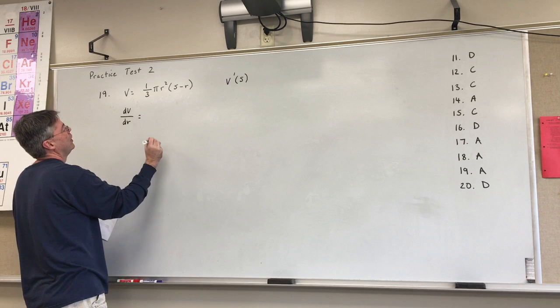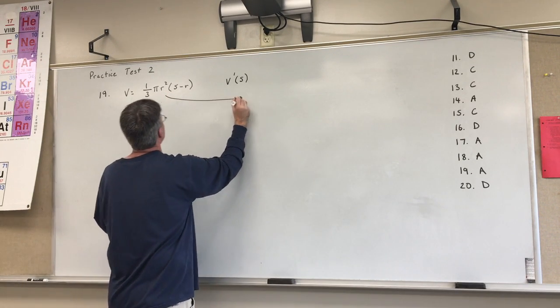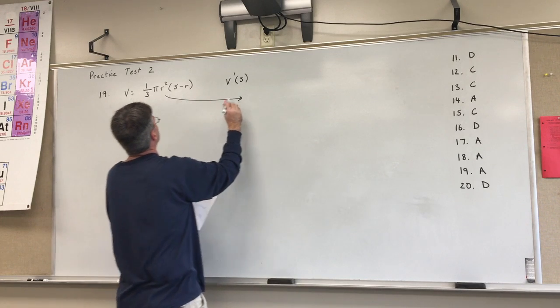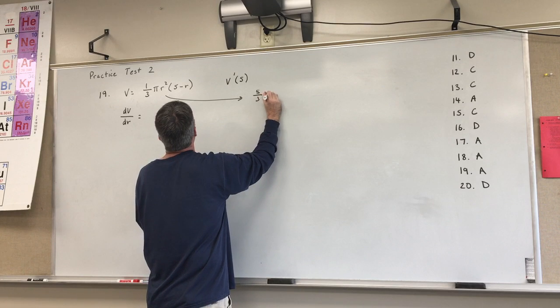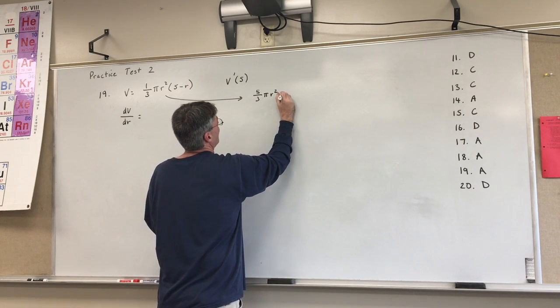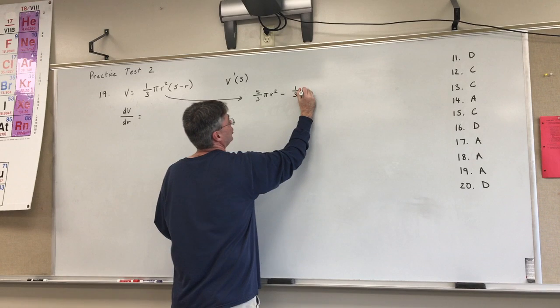I'm going to rewrite this before I do dv dr. Let's go ahead and distribute those. So I'd have 5/3 pi r squared minus 1/3 pi r cubed.